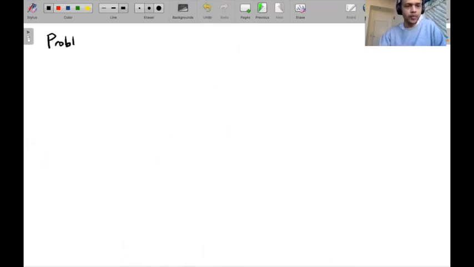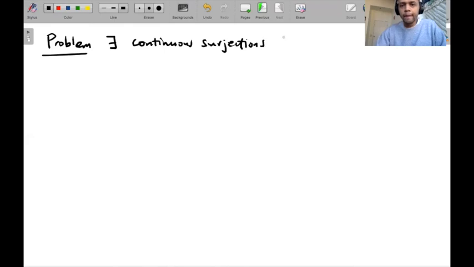So the problem is that there exist continuous surjections from a closed interval to the two-sphere.